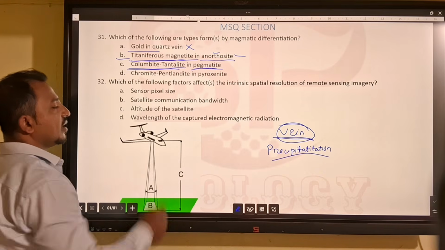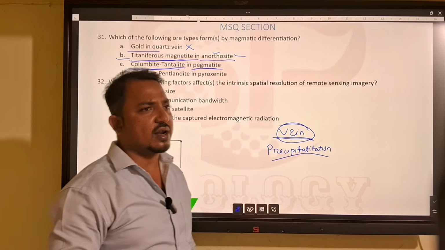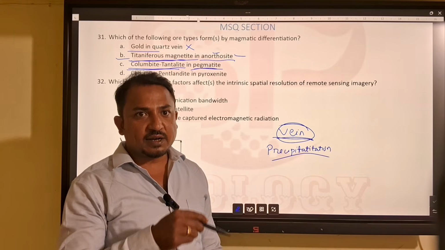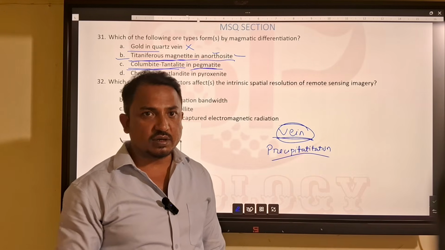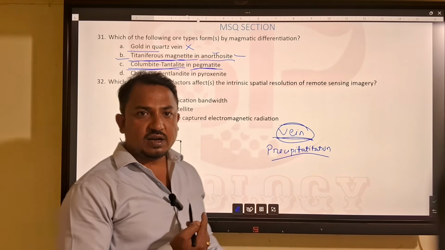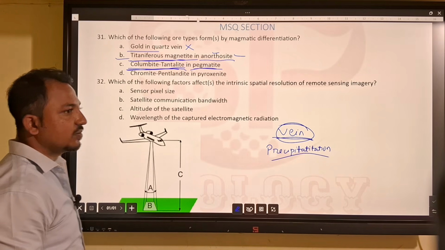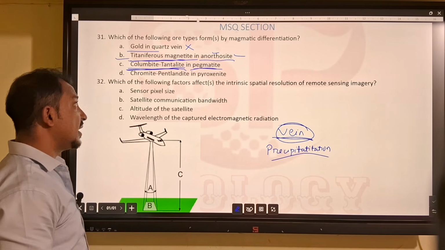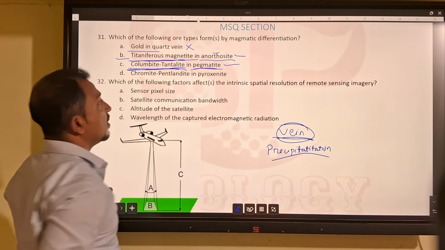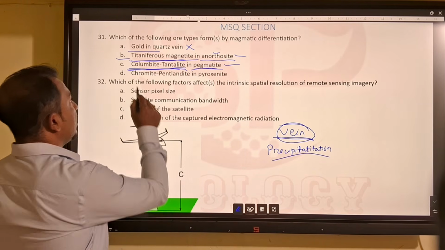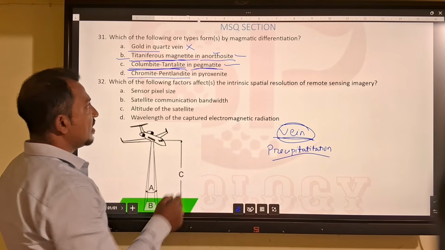Columbite and tantalite are very important, because they also contain uranium. That's why in pegmatite bodies you get coarser grain, and also columbite and tantalite deposition. That's why pegmatite is also considered a magmatic deposition or magmatic differentiation.